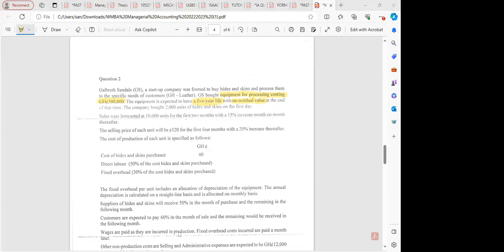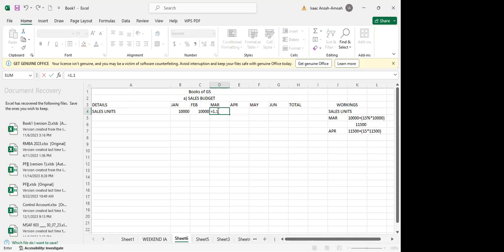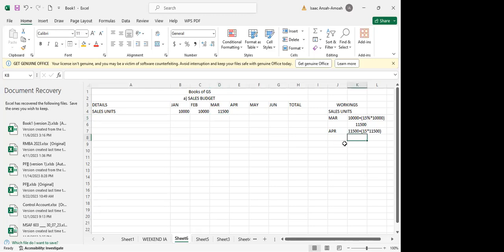All right. Okay, so quickly, I'm working out with the 1.15, which I think is a very simple concept, right? If you compute for April, what do you get? It's 13,225.